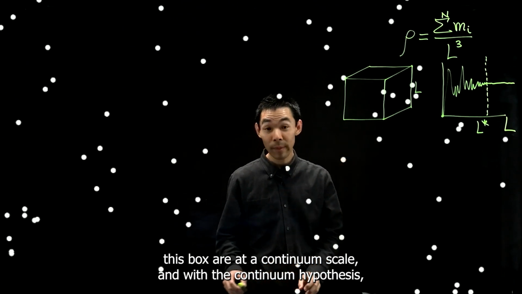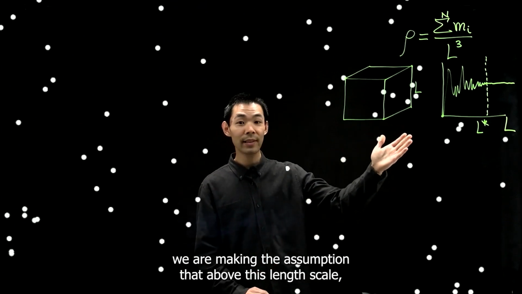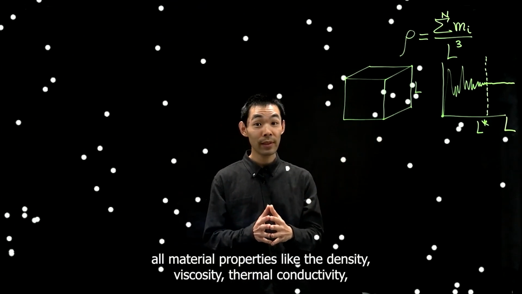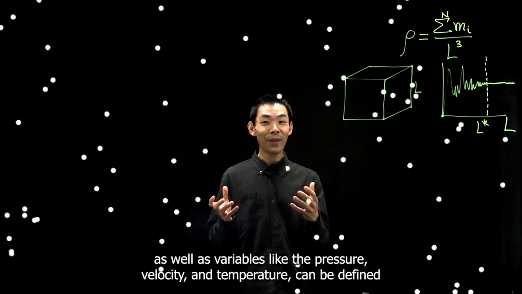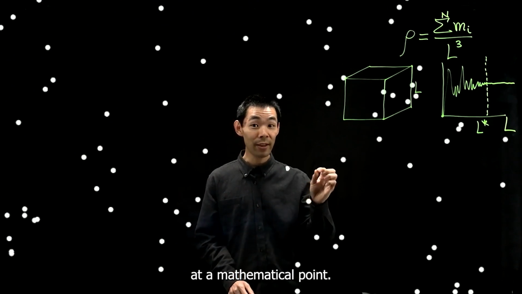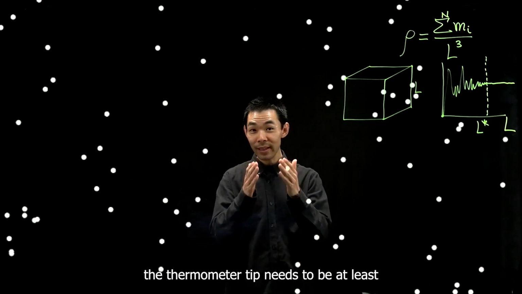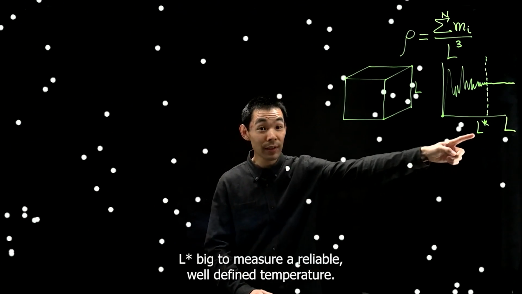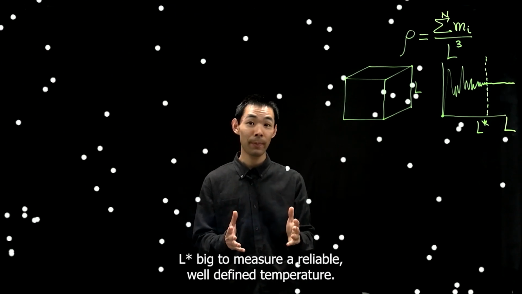And with the continuum hypothesis, we are making the assumption that above this length scale, all material properties like the density, viscosity, thermal conductivity, as well as variables like the pressure, velocity, and temperature can be defined at a mathematical point. Therefore, the thermometer tip needs to be at least L star big to measure a reliable, well-defined temperature.